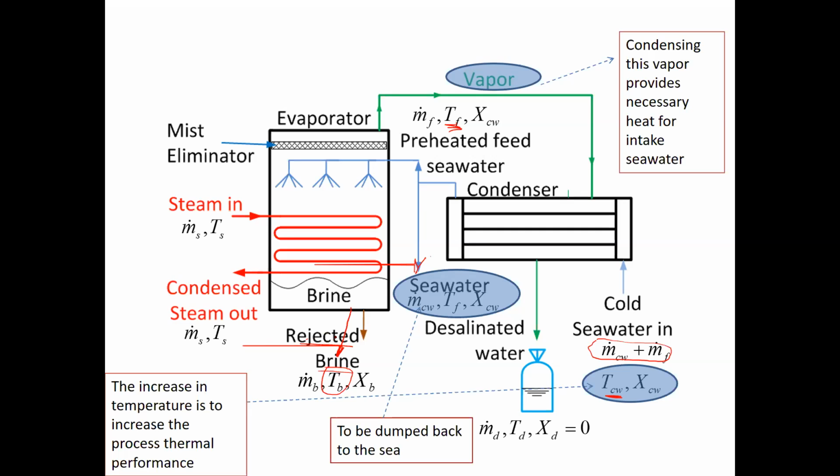The second one is the rejected brine, which is at considerably high temperature, almost saturation temperature at its given pressure. So that's why this system is not finding itself as a substantial, dependable system in the industry. It's because of that issue.